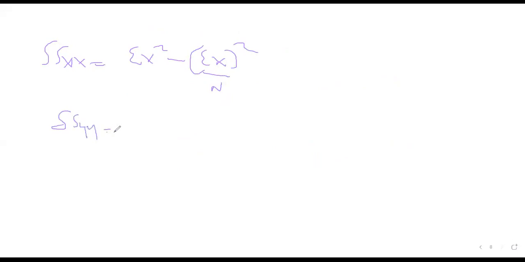Otherwise, you'll be given formulas also. You need to know which one's appropriate when. YY has Y's throughout, XX has X's throughout, XY has X's and Y's on each side: summation of XY minus summation of X times summation of Y over N.